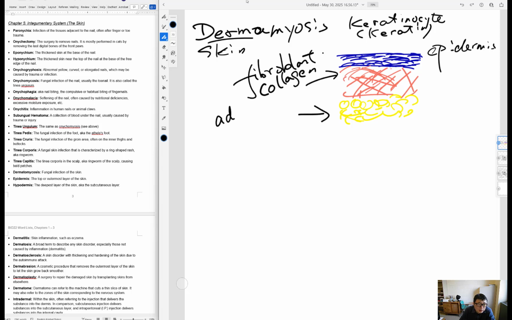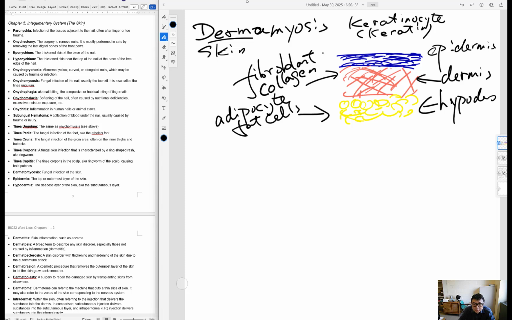This is a deposit for fat cells. These are the three layers.